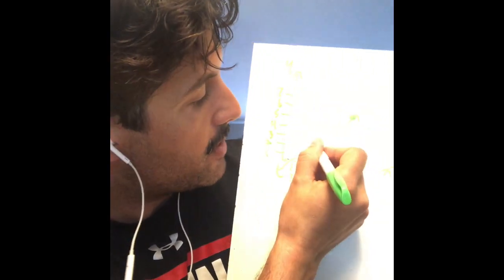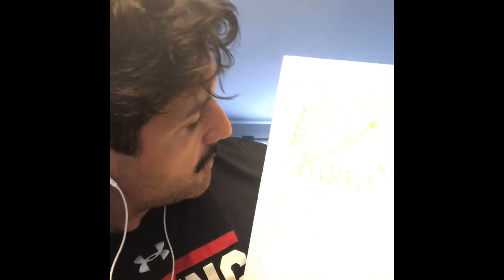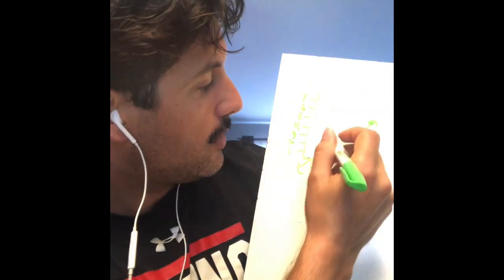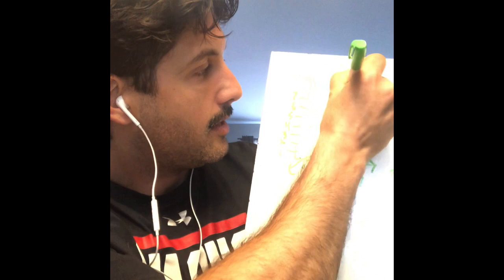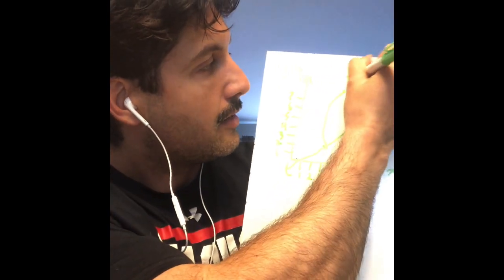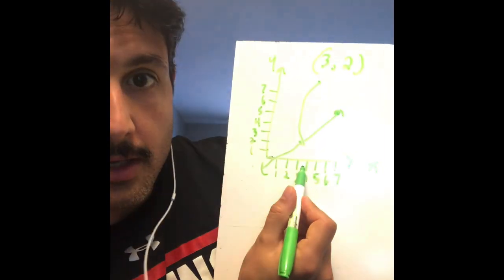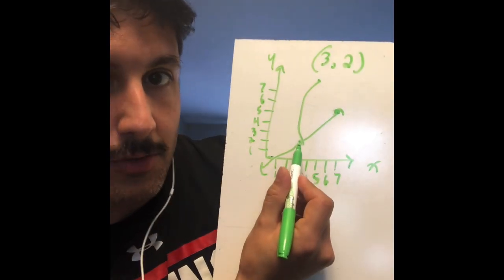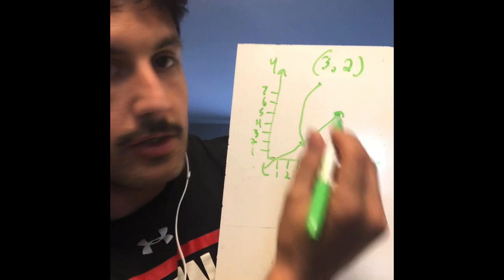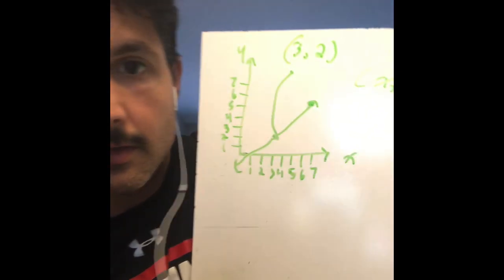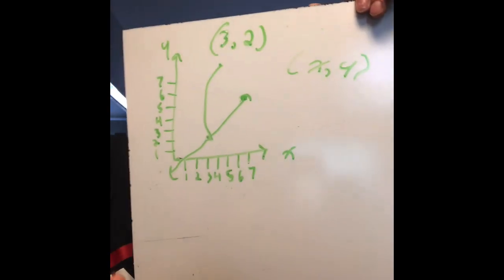My first point looks like it starts around 3 and 2. So this dot right here is 3 and 2. That means I went across 3 and up 2 to get to it. That's always x, y. So it's always an x, y, and there's 3, 2.